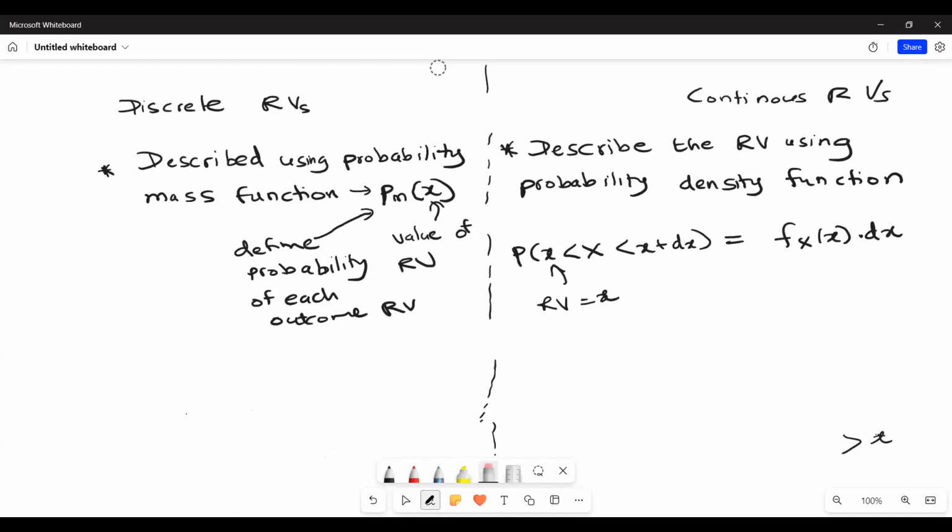The area under the curve is going to be equal to 1 for both of these scenarios. For the PMF p_X(x), the entire area under the curve we can define by summing from the minimum value of the random variable up to the maximum value, and we equal it to 1.